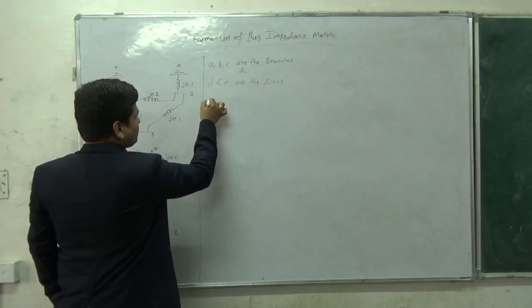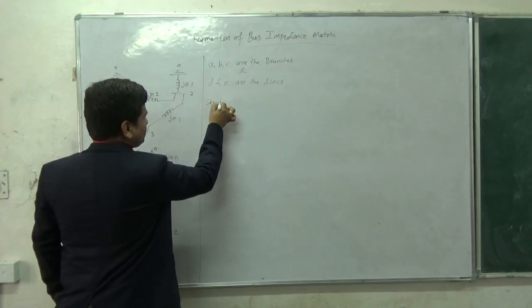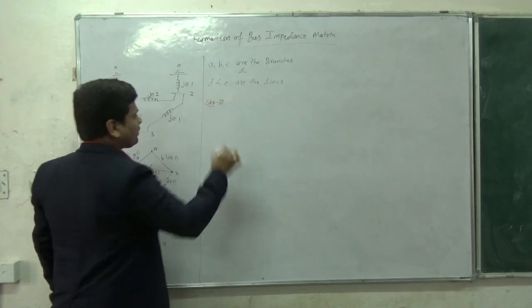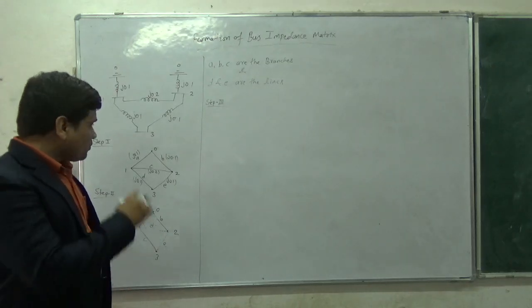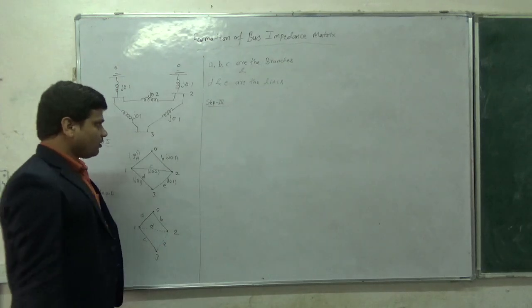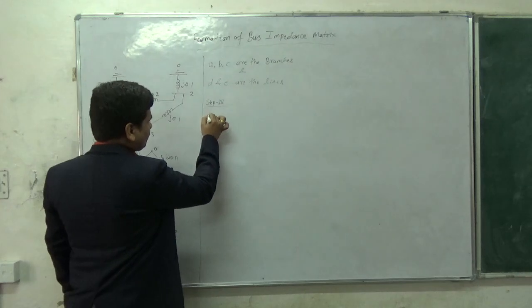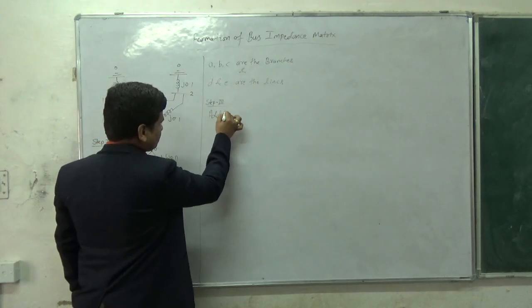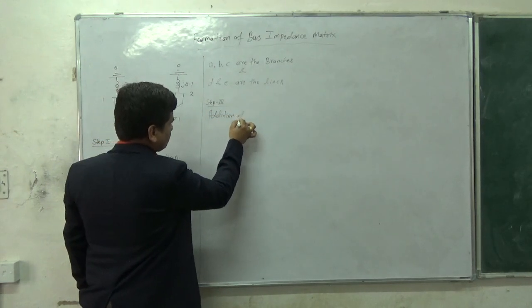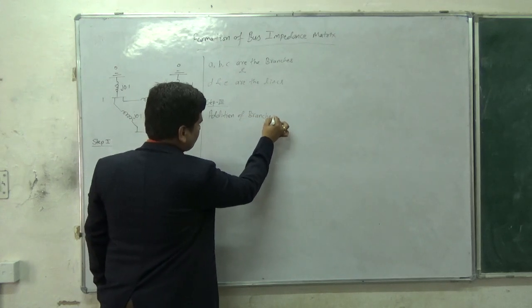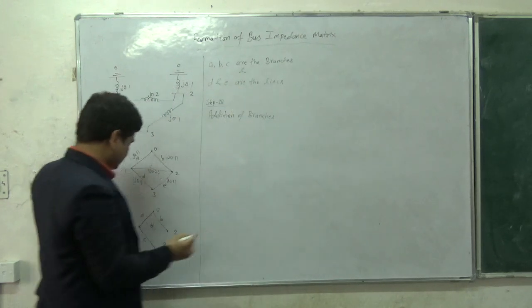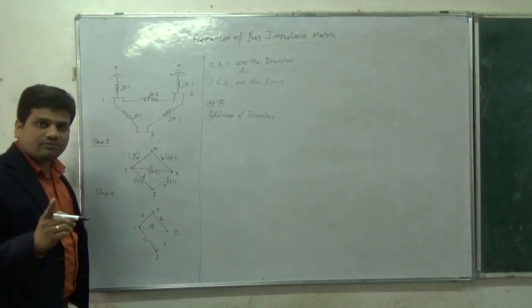Now step number 3. Now I am going to start my algorithm, my formulation. First of all, addition of branches. We can see there are 3 branches, A, B and C. But what is the difference?